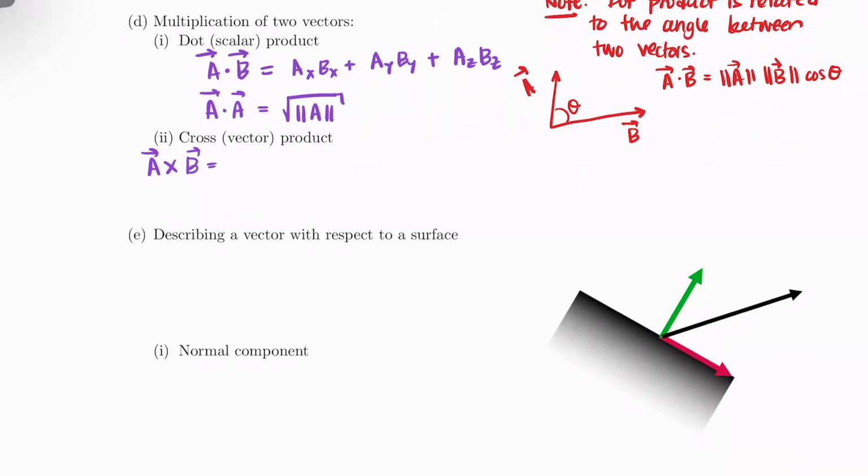There's a few ways to actually work this out, but usually it's a determinant that you will do. So you'll have your unit normal vectors along the top row. And then you have the components of your first vector in the operation. So the leftmost one goes next, and then you have the right vector last.